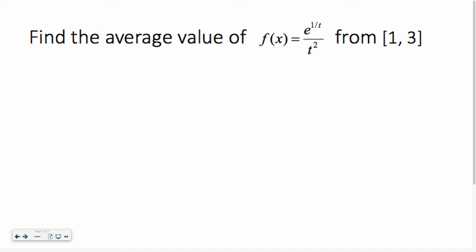Yes, Caleb. 1 over 3 minus 1 times the integral from 1 to 3 of our function.